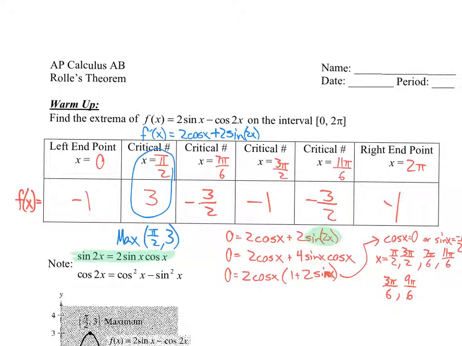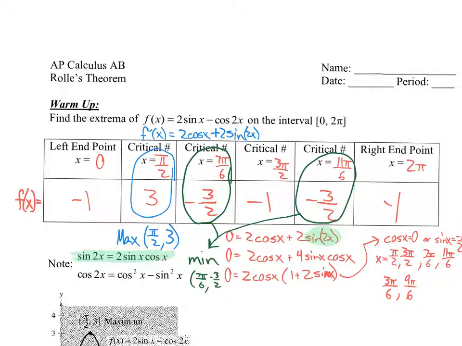One is at 7 pi over 6, and the other is at 11 pi over 6. Both of these are absolute minimum points. The mins are 7 pi over 6, negative 3 halves, and 11 pi over 6, negative 3 halves.